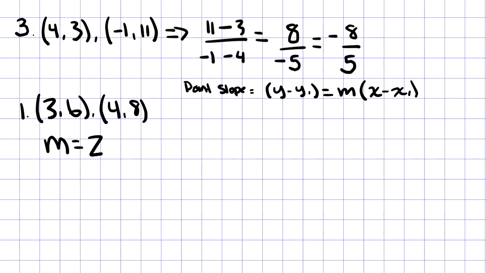Now all we have to do is plug these numbers into this point slope formula to find the equation of the line. We'll use the point 3, 6, so we have y minus 6 equals the slope m, or 2, times x minus x1, which is 3.